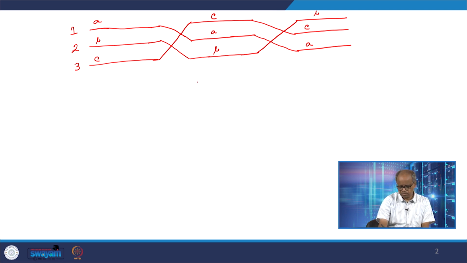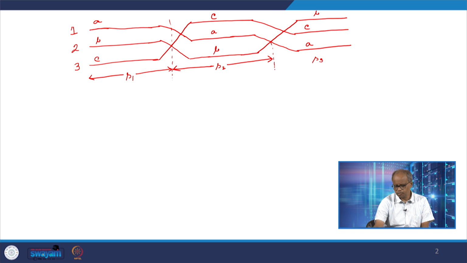The distance up to this is S1. Then from here to here this distance is S2. Then from here to here the distance is S3.